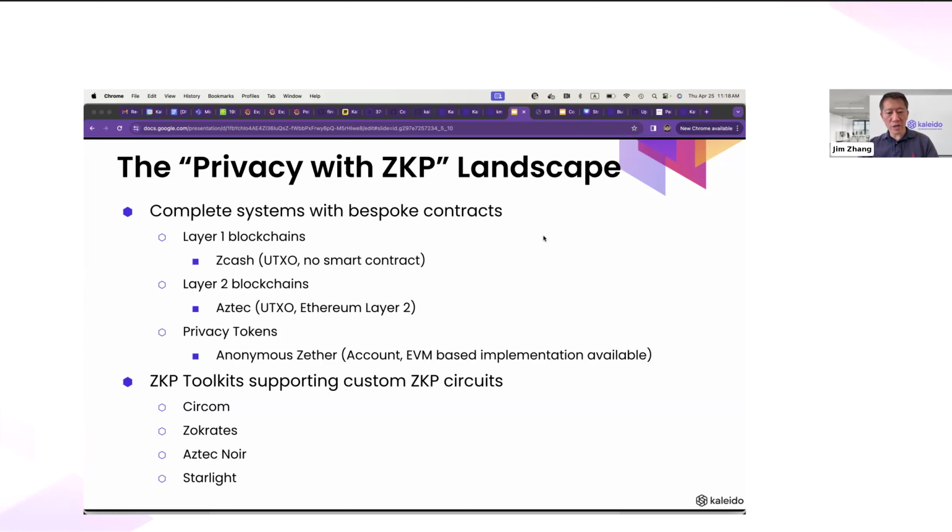You still have to have some level of understanding of how ZKP works in general, but you don't have to understand the underlying math to make it work, as was the case before. The most popular are Circom by iden3 and Zokrates.